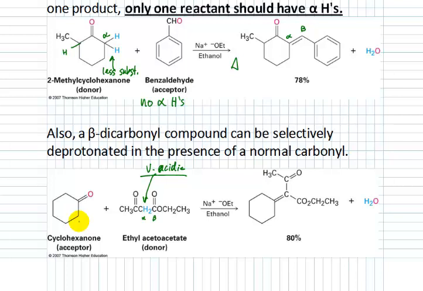So that alpha carbon ends up being the nucleophile. The electrophile comes in, cyclohexanone. So here is alpha, here is beta to the ethyl acetoacetate. So the beta carbon, once we've dehydrated, has no oxygens on it because originally that had an OH, but we dehydrated to make the alpha beta unsaturated carbonyl compound.